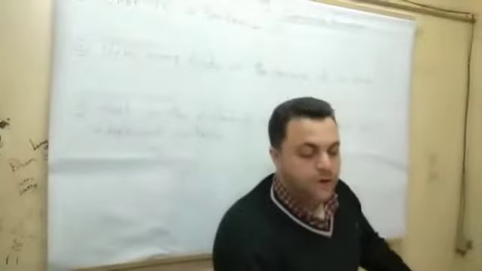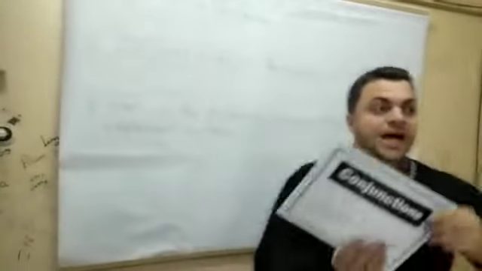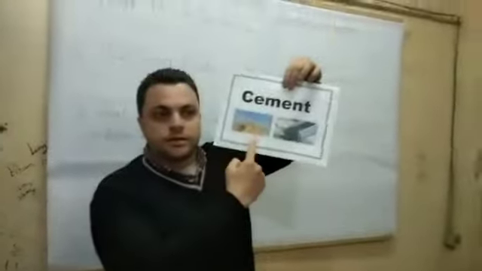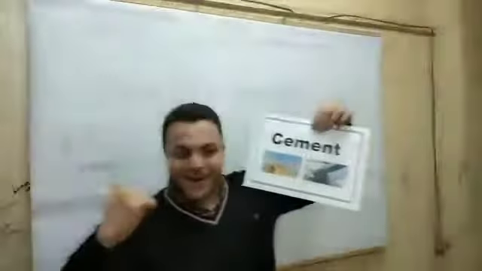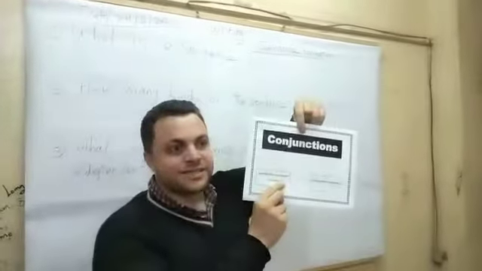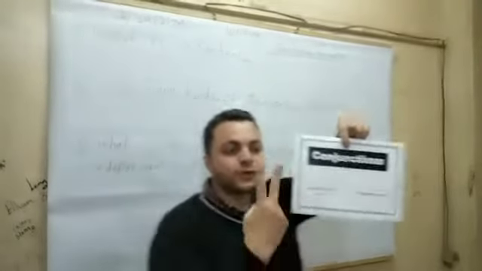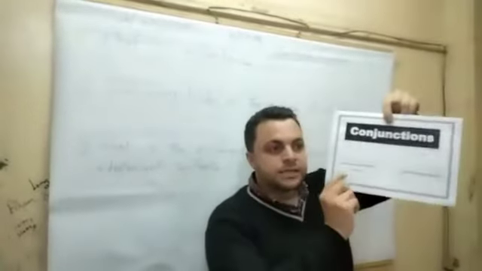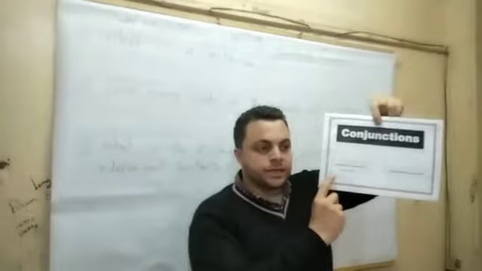Also, we will need conjunctions, instead of cement to build a house. Do you remember? Yes, of course. We have two kinds of conjunctions. Number one is coordinating conjunctions.